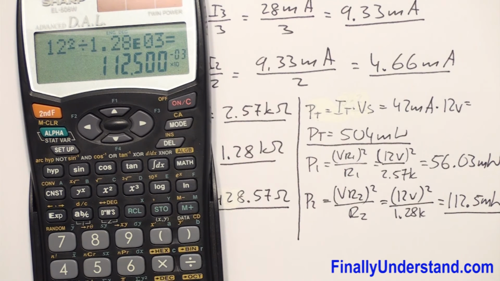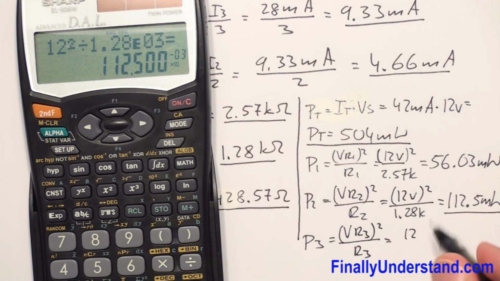Okay, so next we're supposed to find P3. P3 is equal to VR3 to the second power over R3, which is equal to 12 volts to the second power over R3.